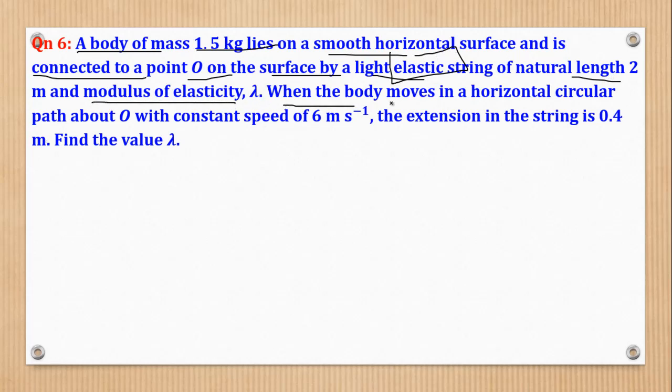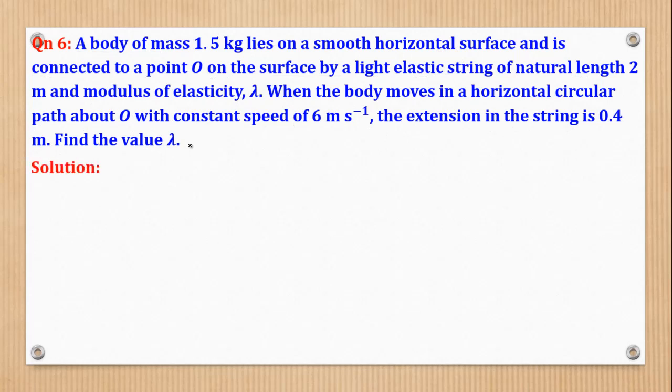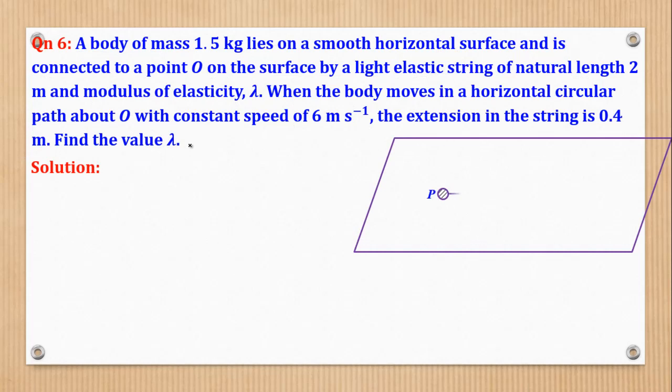When the particle moves in a horizontal circle about O with a constant speed of 6 meters per second, the extension of the string is 0.4 meters. Find the value of lambda, which is modulus of elasticity. So we shall make our sketch.